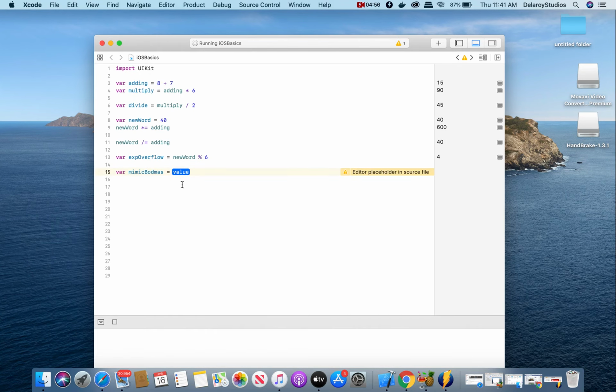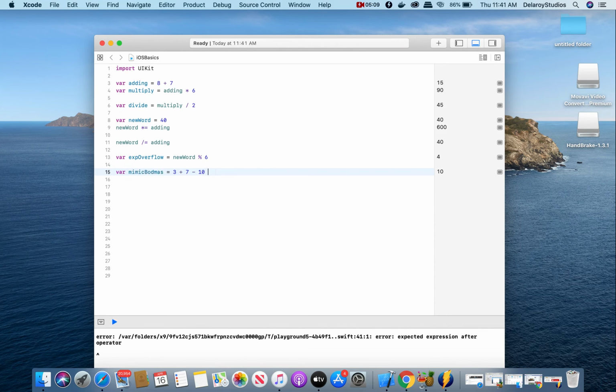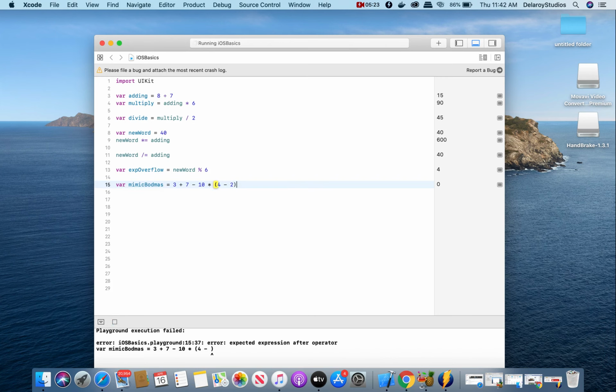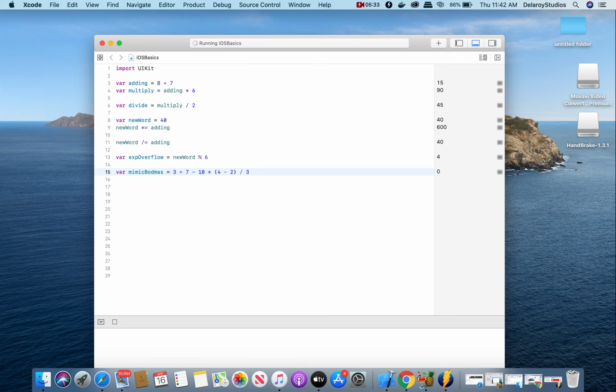So we're going to do 3 plus 7 minus 10, add some brackets, which is going to be multiply by 4 minus 2, divide by 3. If we look at this, how do you think this is going to run?